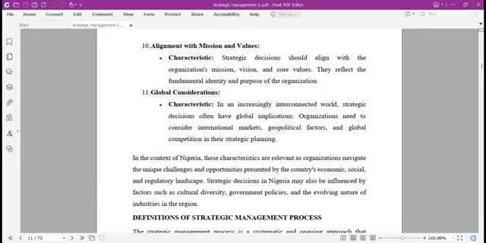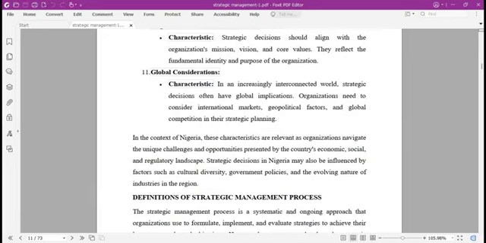Also, we have the global considerations. In an increasingly interconnected world, strategic decisions often have global implications. Implications need to consider international markets, geopolitical factors, and global competition in their strategic planning.